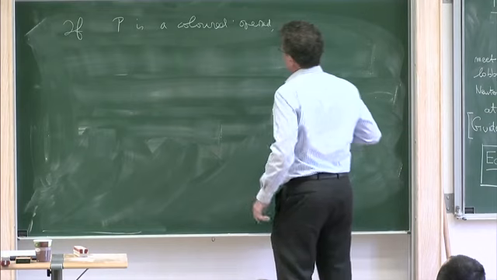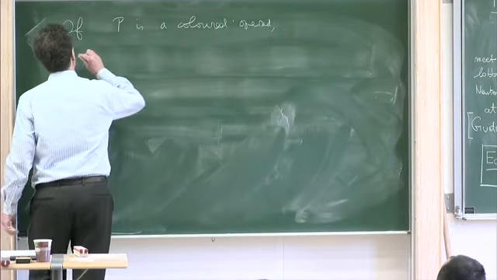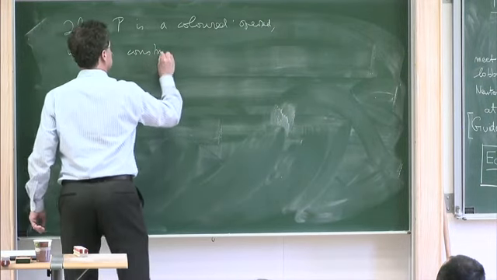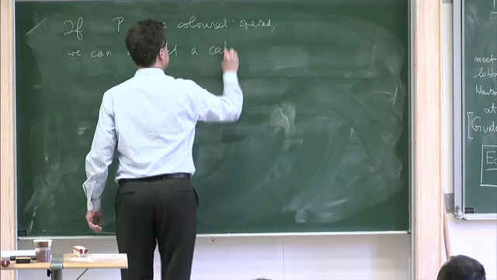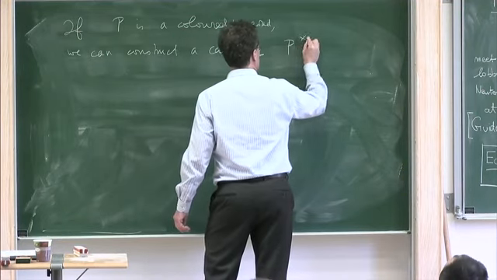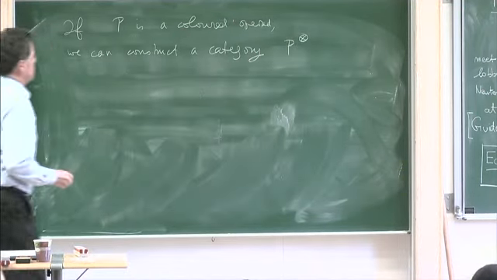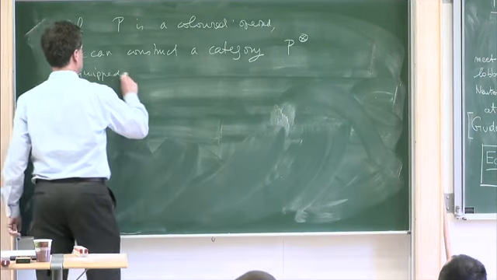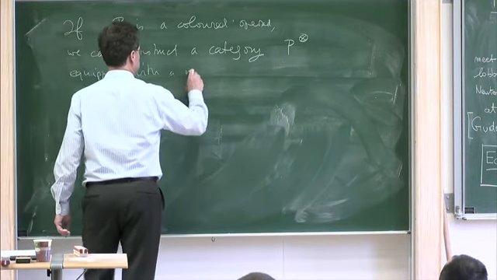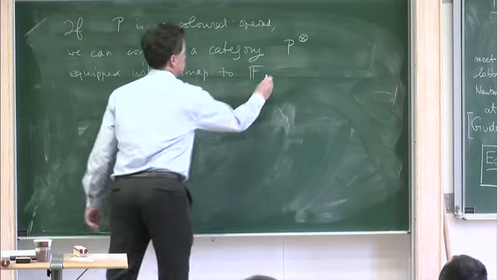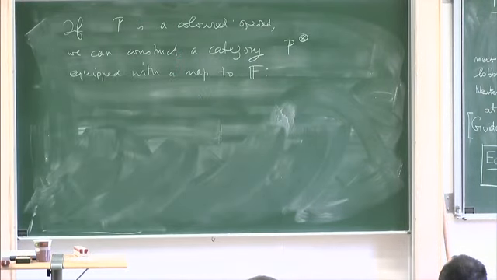If P is a colored operad, we can make a category which Lurie denotes P tensor, equipped with a map to F. The construction is quite simple, and I think many of you will have seen it.